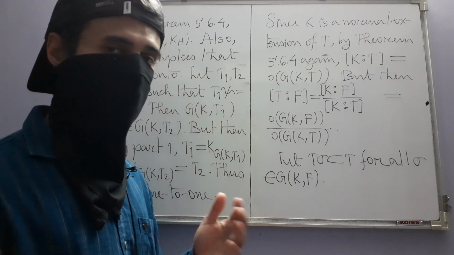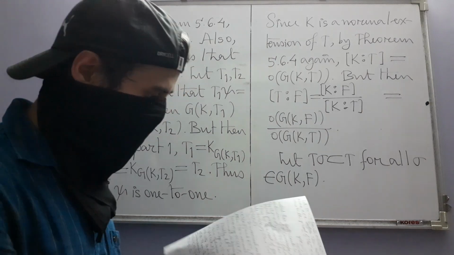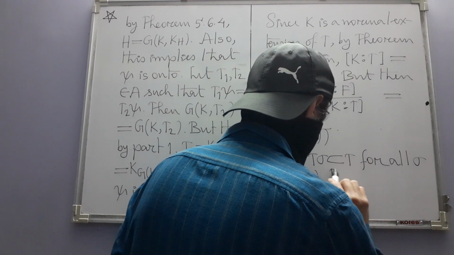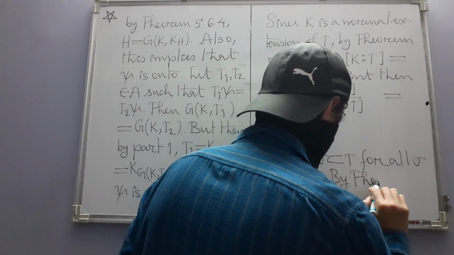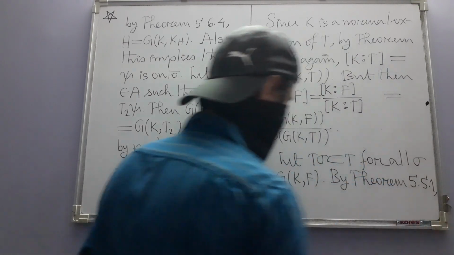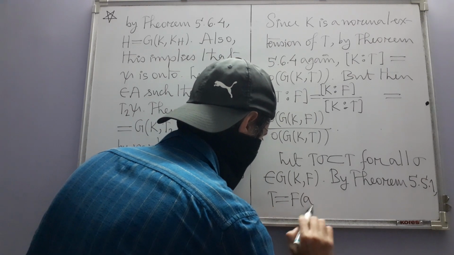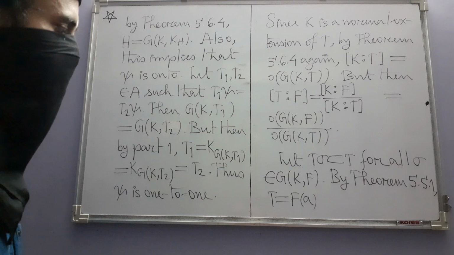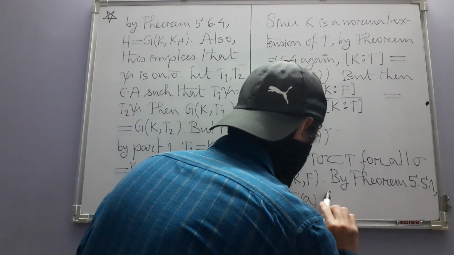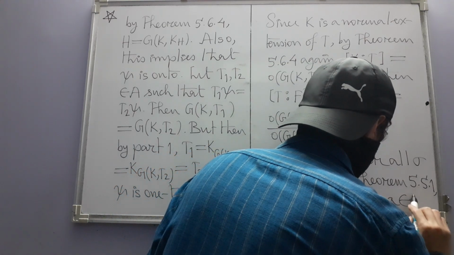So T is going to be a simple extension of F, and that is by theorem 5.5.1. T is equal to F(a). T is obtained by adjoining a suitable single element to F, for some a belonging to K.